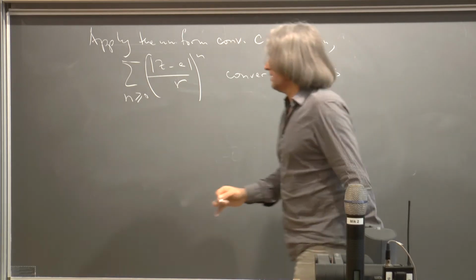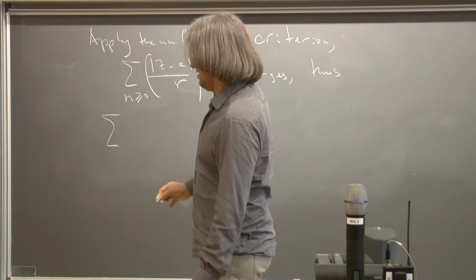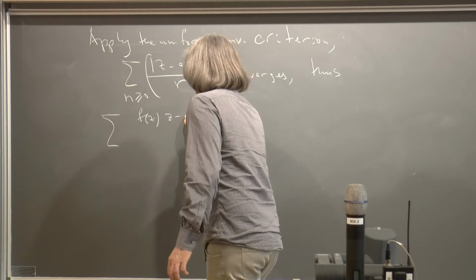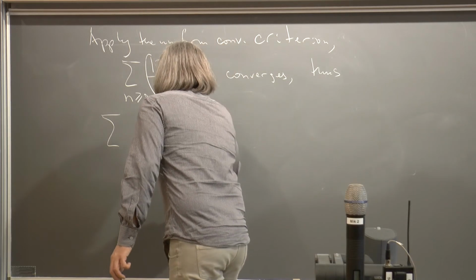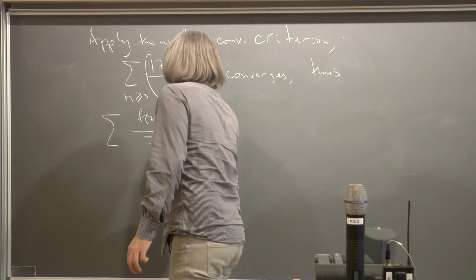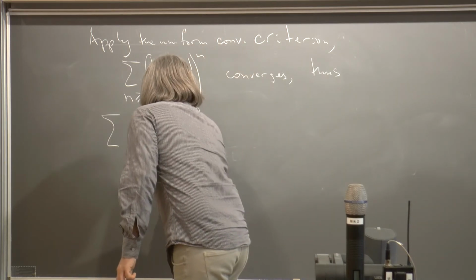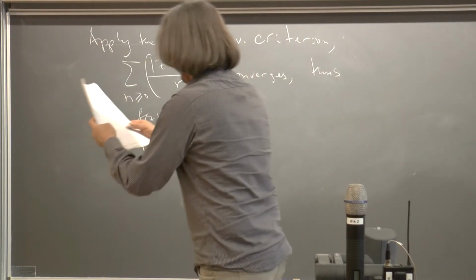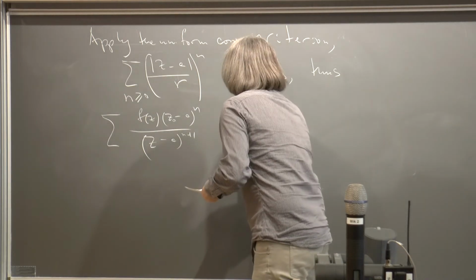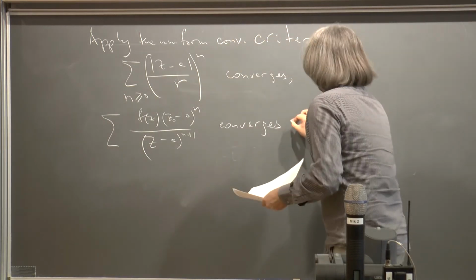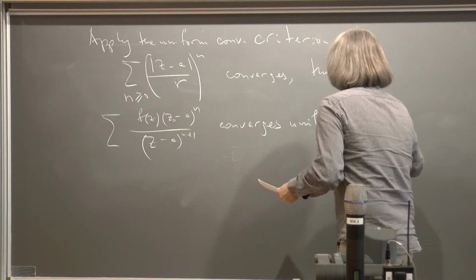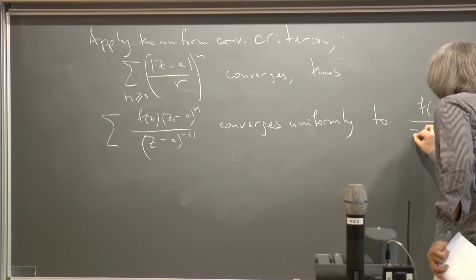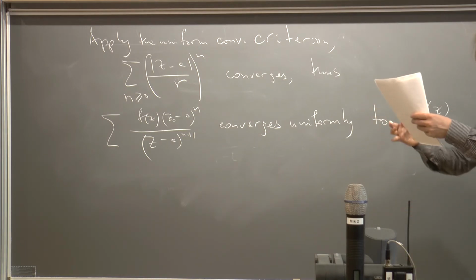Thus, the sum of f of z times (z naught minus a) to the n over (z minus a) to the n plus 1 converges absolutely, and converges uniformly to f of z over z minus z naught. Very good.